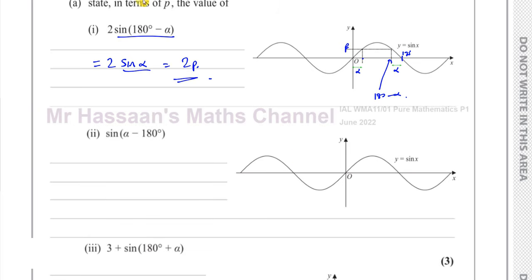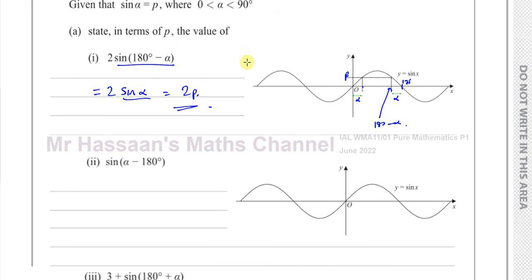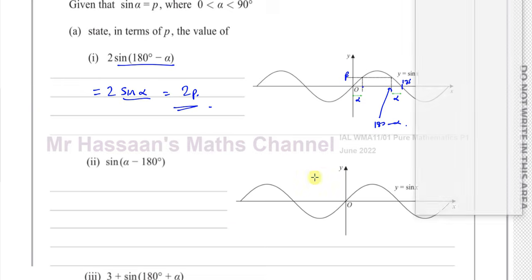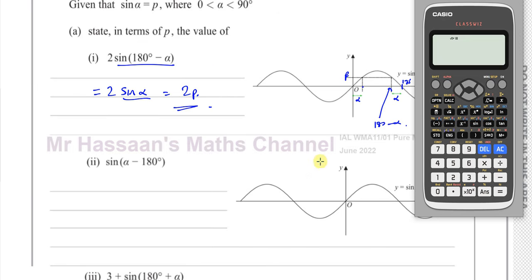So let's try and think about this in a similar way. By the way, we can also check this answer. We can, for example, choose alpha as a random number. Supposing I chose alpha as, say, 30 degrees, just a random number between 0 and 90. First of all, we find what the sine of 30 is. I know the sine of 30 is a half.